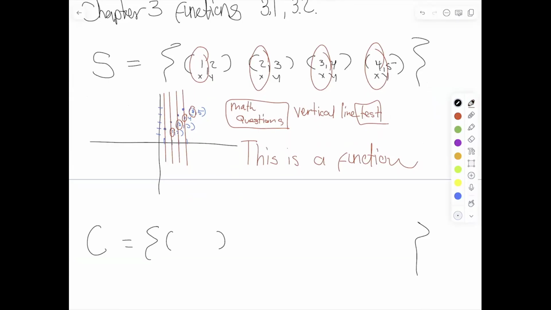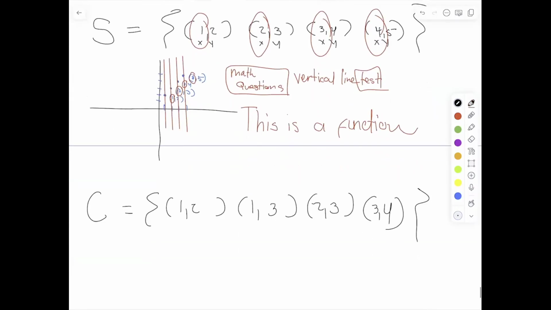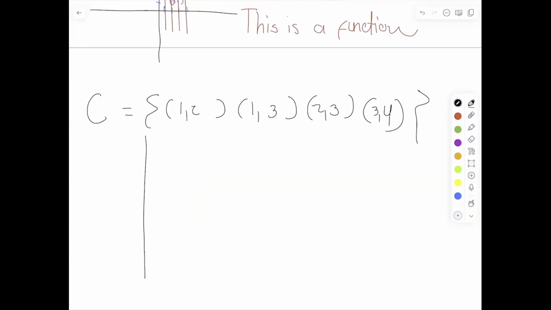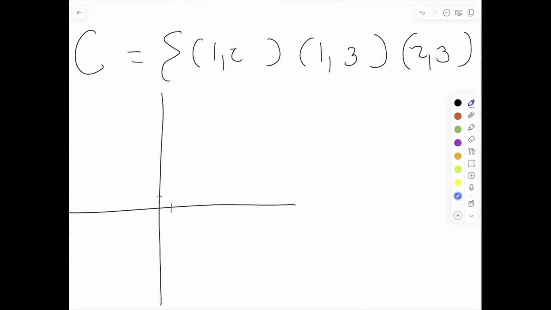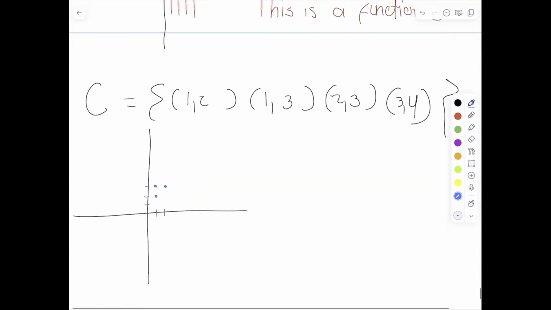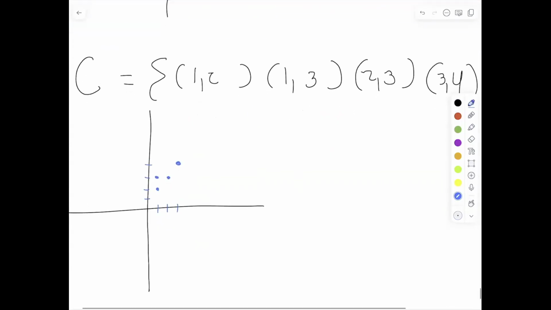Same test, different points. Okay, so here we go.